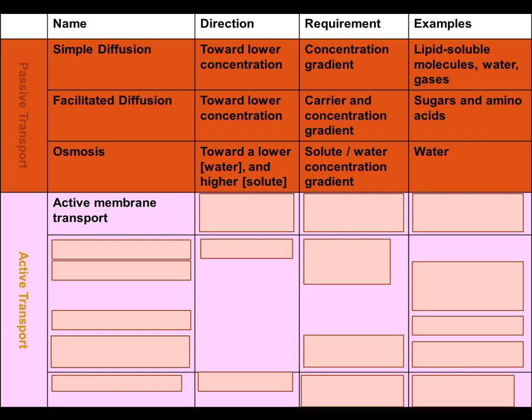In active membrane transport, a molecule is being transported against its own concentration gradient to an area where there is more of that substance. If I want to move a substance against this gradient, we know what? We need energy. And also, what's going to use that energy and move those things? We need a transporter or a carrier.